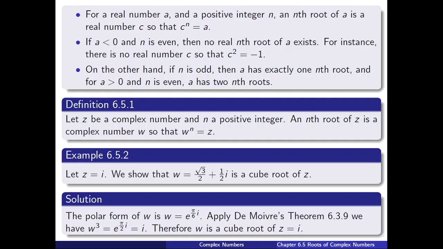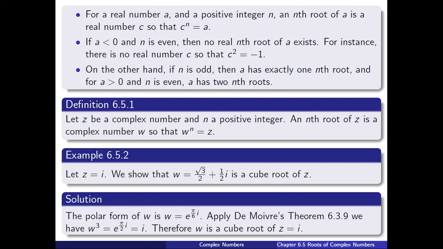And if a is negative and n is even, then no real nth root of a exists. For instance, there is no real root c such that c squared is equal to minus 1.